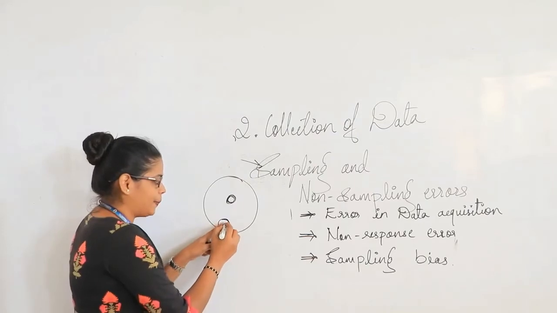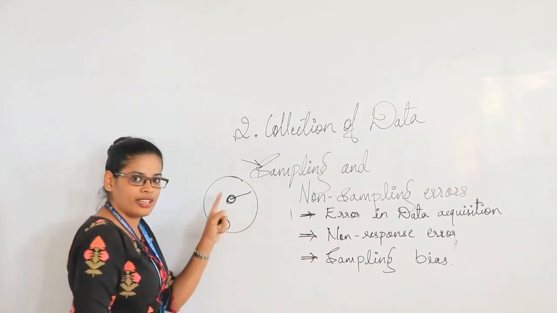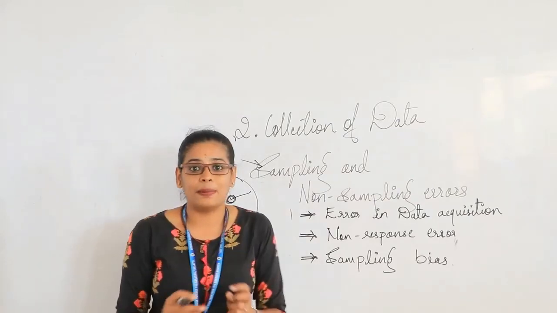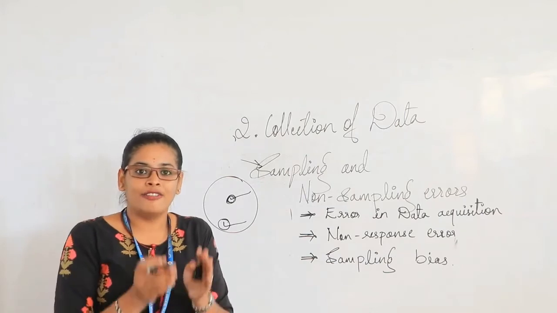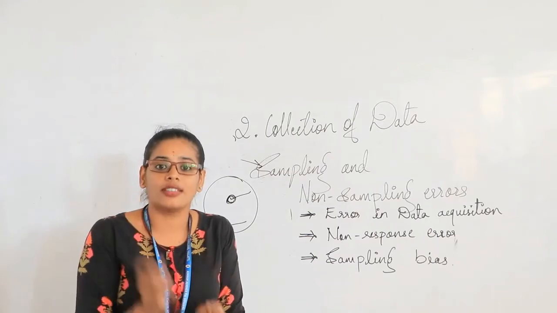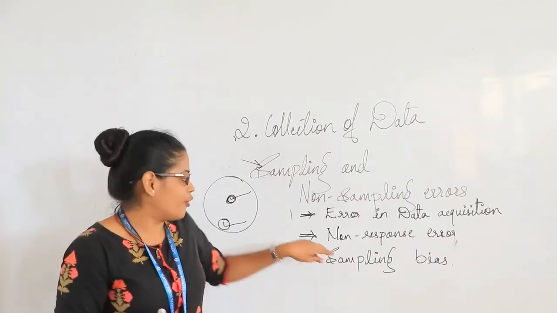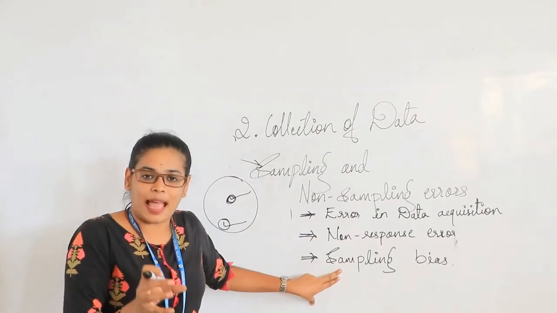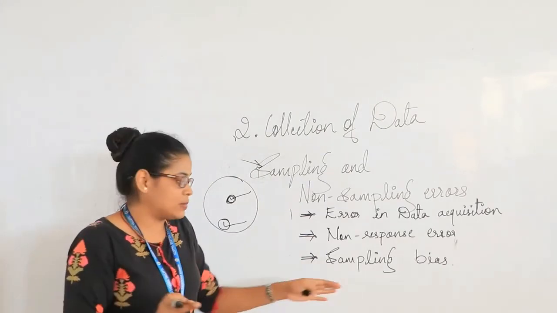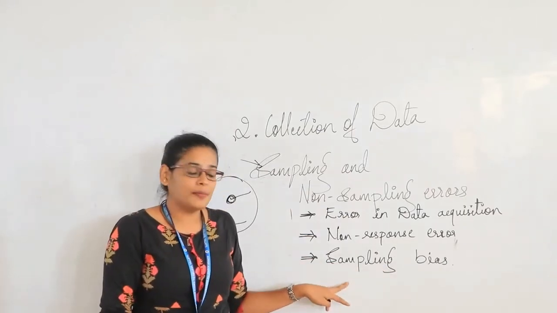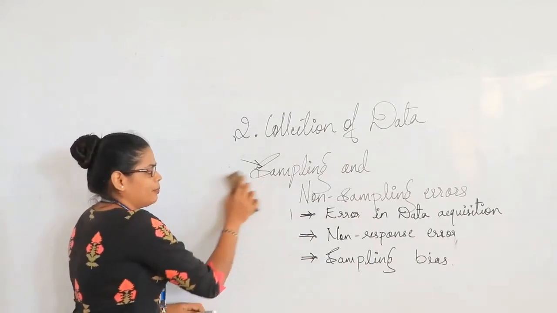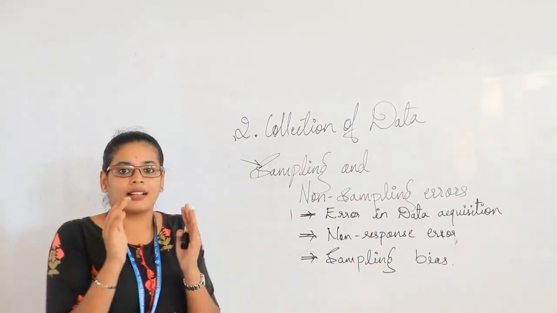So here, instead of conducting the questionnaire for this sample, he has conducted the questionnaire for this sample. That's nothing but the sampling bias. What is happening here is we are not actually conducting the questionnaire or the survey for the considered sample, because the one which was selected before has been changed, has been shown bias now. That's the sampling bias.